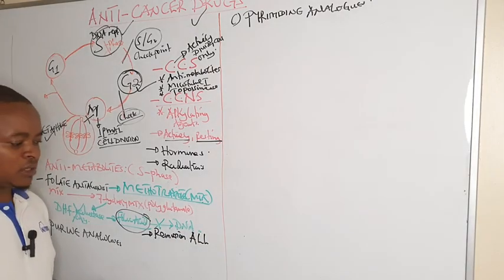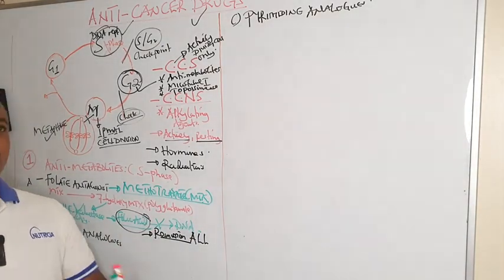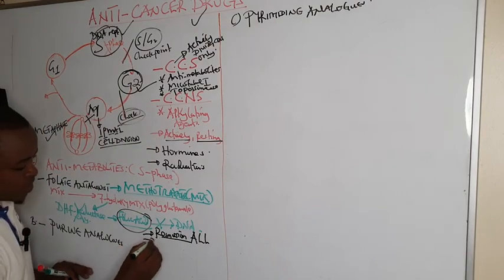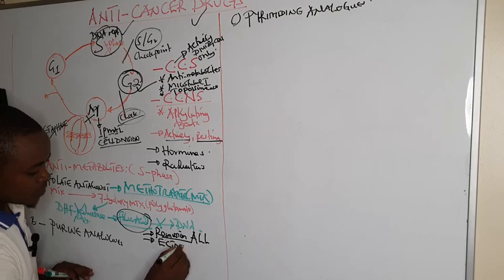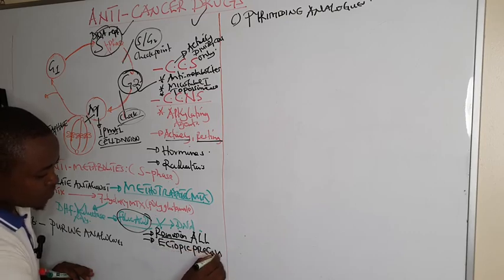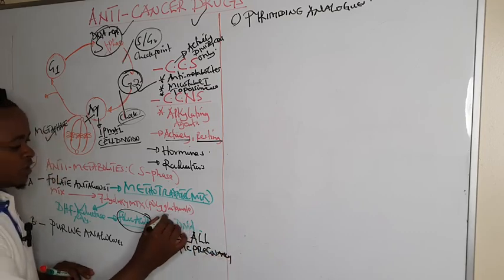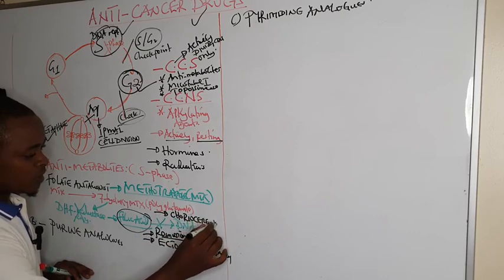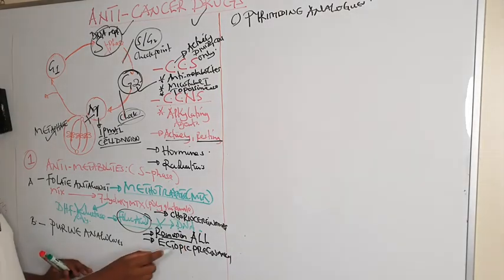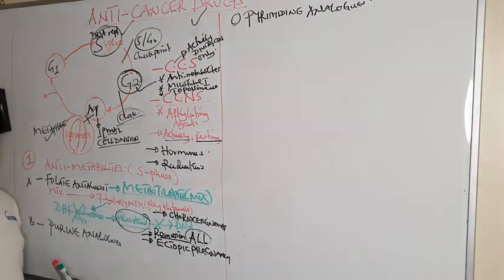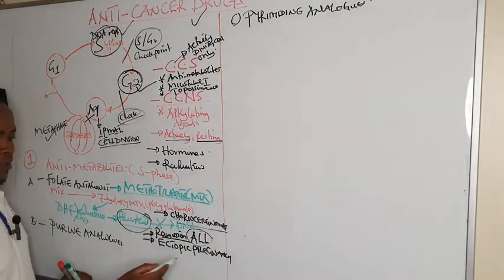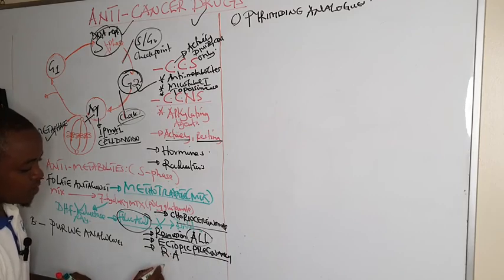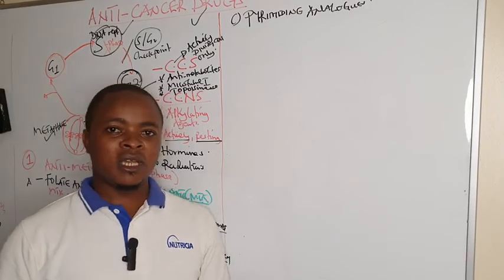This drug is also widely used in treatment of ectopic pregnancy and cholangiocarcinomas, and you can also use it for treatment of rheumatoid arthritis.